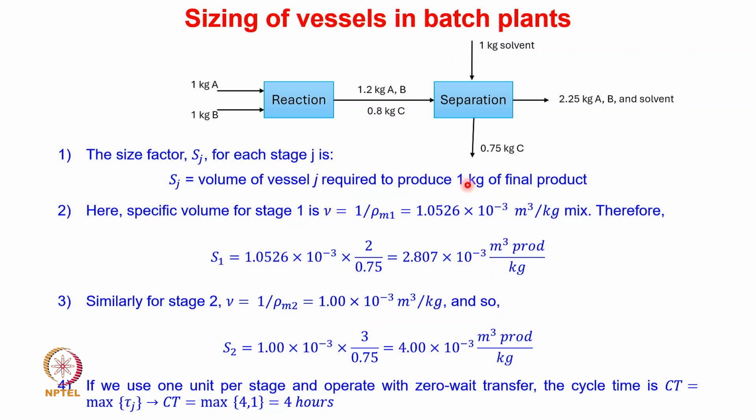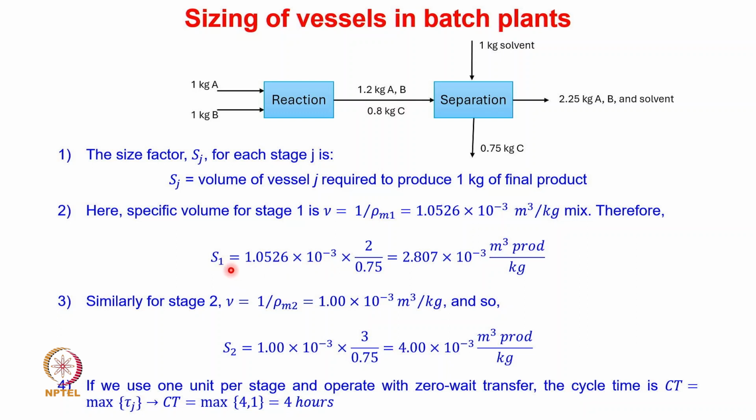Now this specific volume multiplied by the total weight, divided by the weight of the final product, gives us S1. S1 is the volume of the vessel required to produce 1 kg of the final product. The amount of final product produced is 0.75 kg of C, and this is for 2 kg of the mixture coming out from the reaction stage.